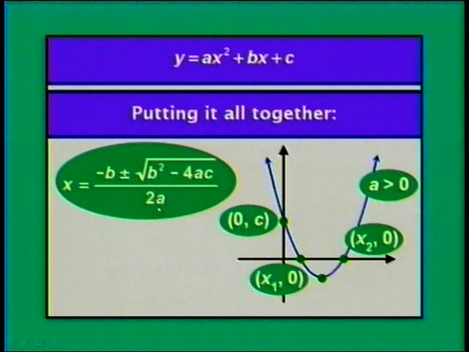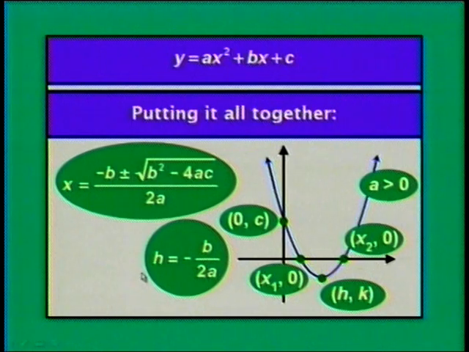We don't have to use the quadratic formula to solve that quadratic equation, but it will always give us the x-coordinates of the horizontal intercepts. The vertex, which I'm calling the point (h, k), can be determined. We can find h, the x-coordinate of the vertex, using Steve's formula, the opposite of b over 2a, and then we just find k by plugging that value of x into our equation.